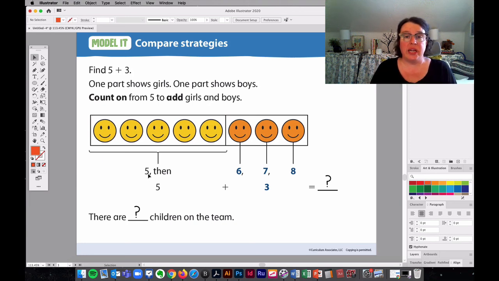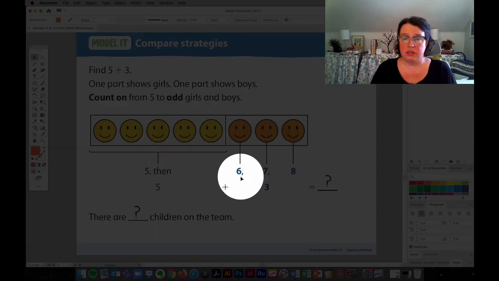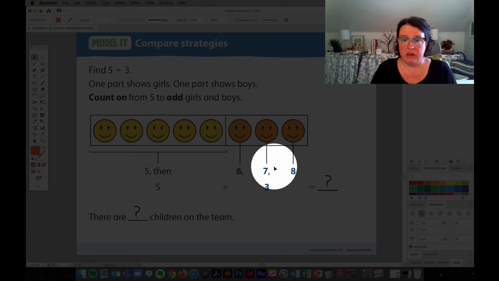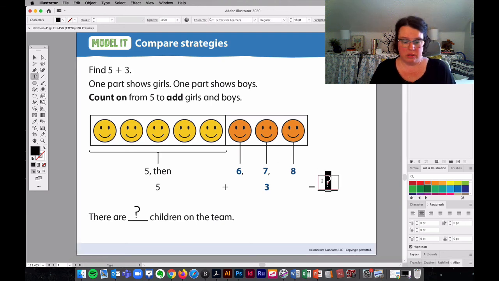And when we count on, we say the next names of the numbers. So 5, then 6, 7, 8. 5 plus 3 equals 8. There are 8 children on the team.